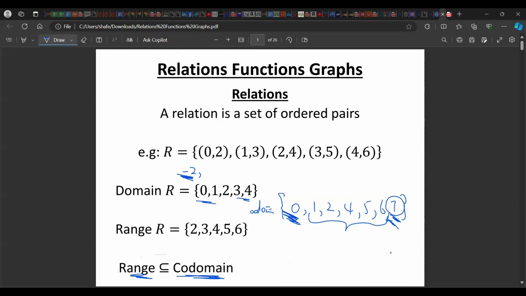Oh, wait, you want to get it out? Do you mean like remove it? We want to get 7.